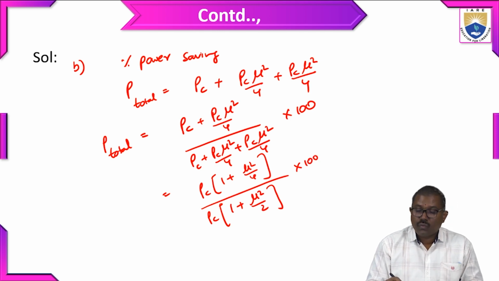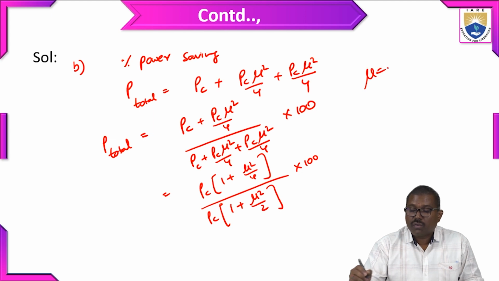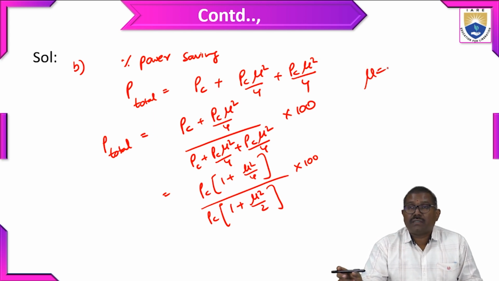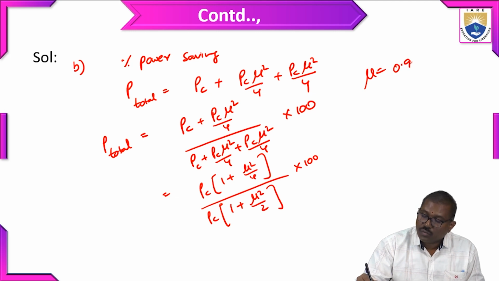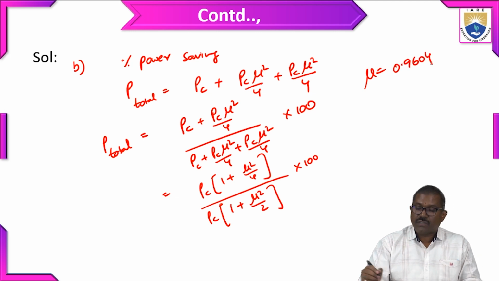So here, what is my mu value? After getting the two modulation indexes, mu1 and mu2, you get the mu value as 0.9604.